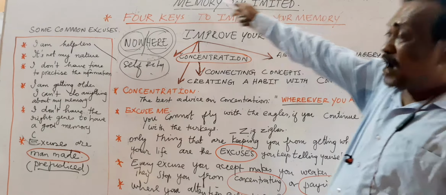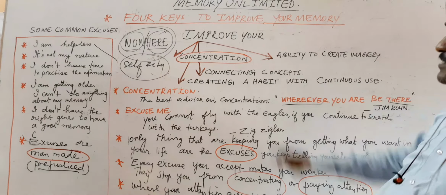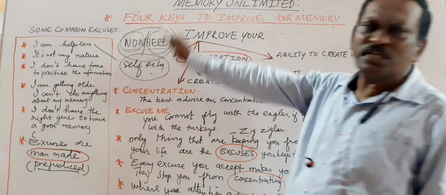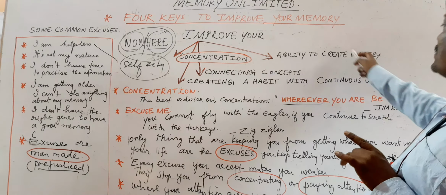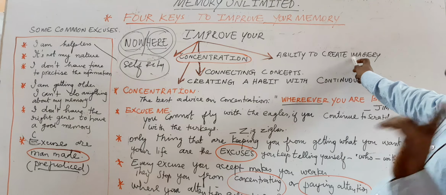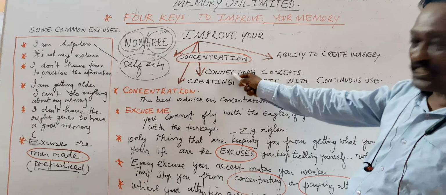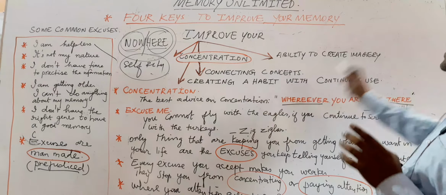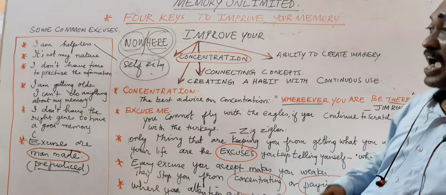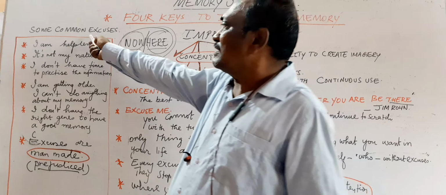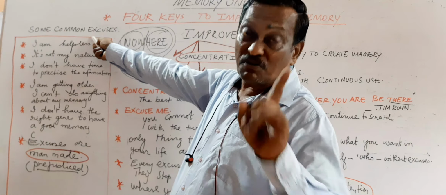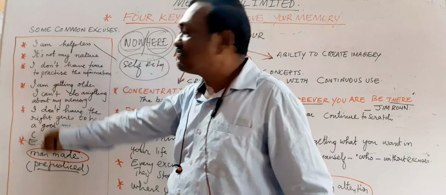So, to wind up today's session, let us remember that there are four keys to improve our memory. One is concentration. The other one is the ability to create imagery, connecting your concepts, and finally creating a habit with continuous use. And remember, if you want to improve your memory, say goodbye to all kinds of excuses.